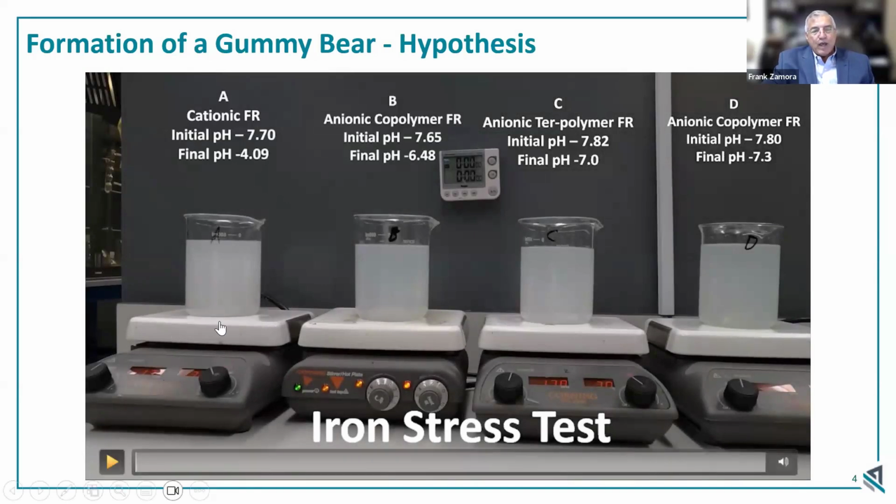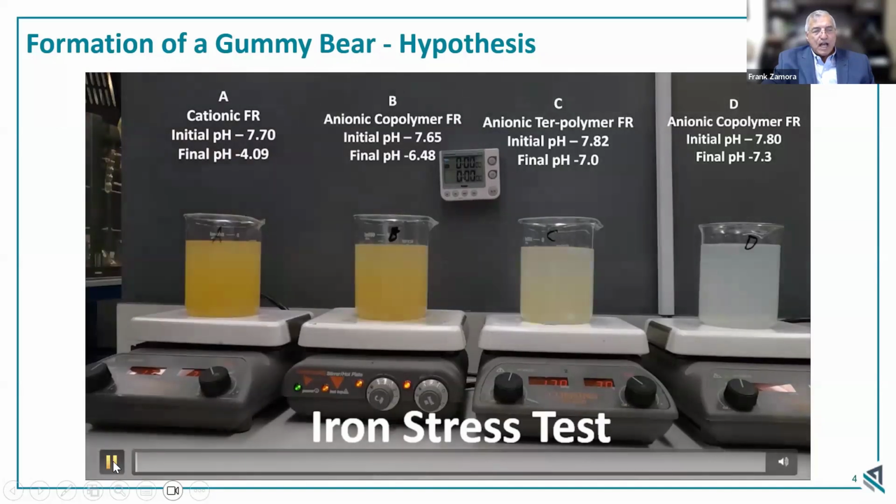What we've done here is we have a cationic FR mixed at 2 gallons per thousand. All of these are mixed at 2 gallons per thousand, and they're roughly 30% active FRs. So we have a cationic, we have a copolymer acrylate, we have a terpolymer, and then we have another copolymer acrylate base.